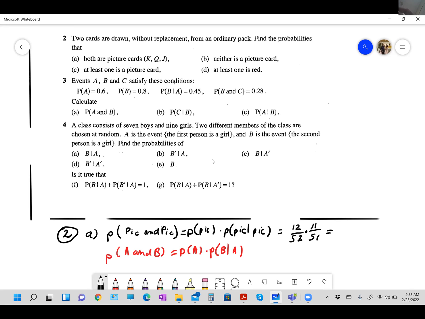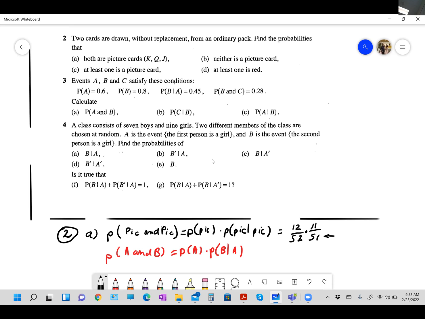So let's rehearse what's happened here. How many ways can I pick the first picture card? How many ways can I pick the second picture card? How many ways could I have picked the first card? 52 ways. And how many ways could I have picked the second card? 51.